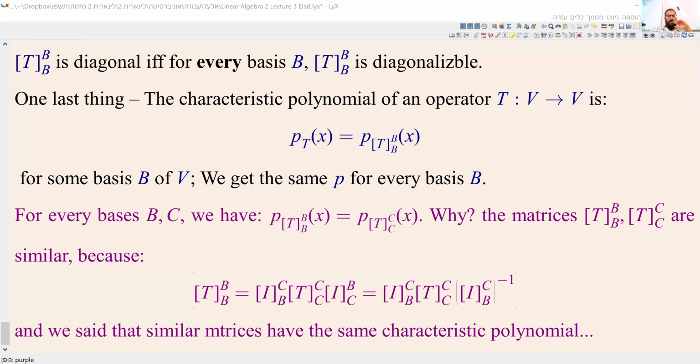So you're saying that no matter what the basis is, eigenvalues, eigenvectors, characteristic polynomial, everything we mentioned will be the same. The matrices can be different. I mean, similar is not equal.